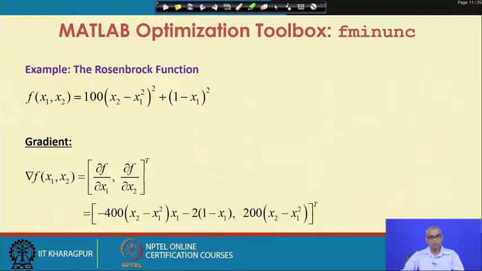So, the optimal solution for this Rosenbrock function is x1 equal to 1, x2 equal to 1 and at this optimal point the function value is 0. So, take the gradient. So, we have evaluated the gradient.